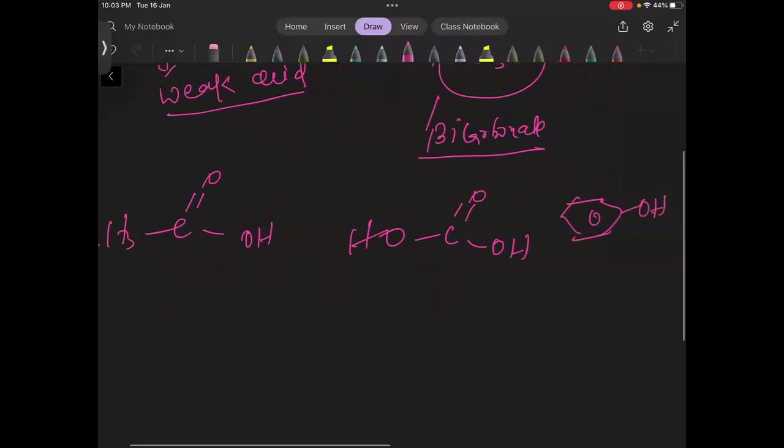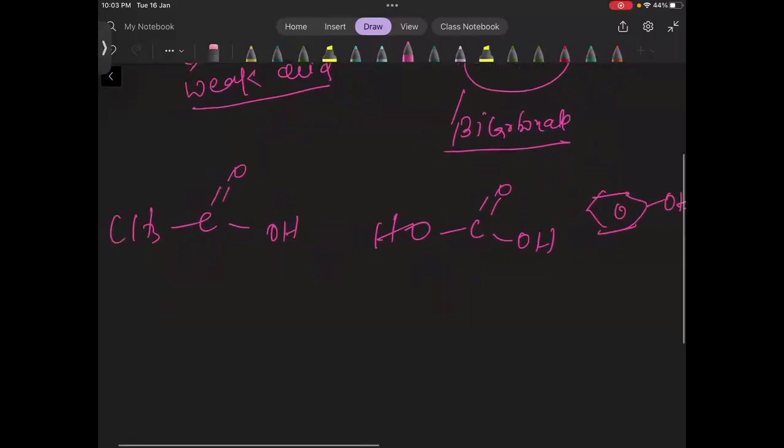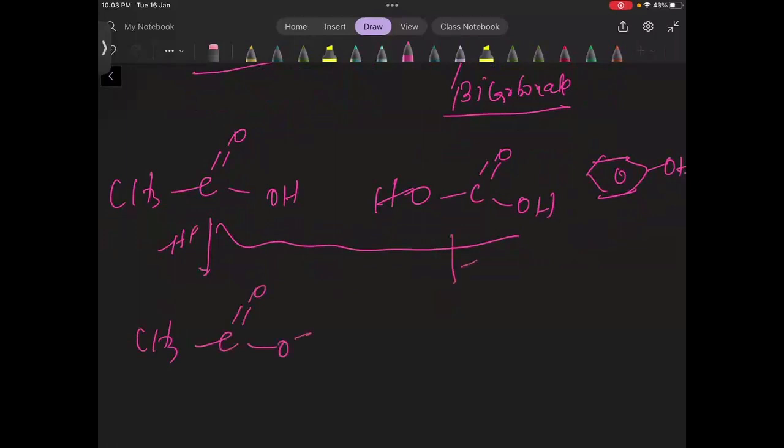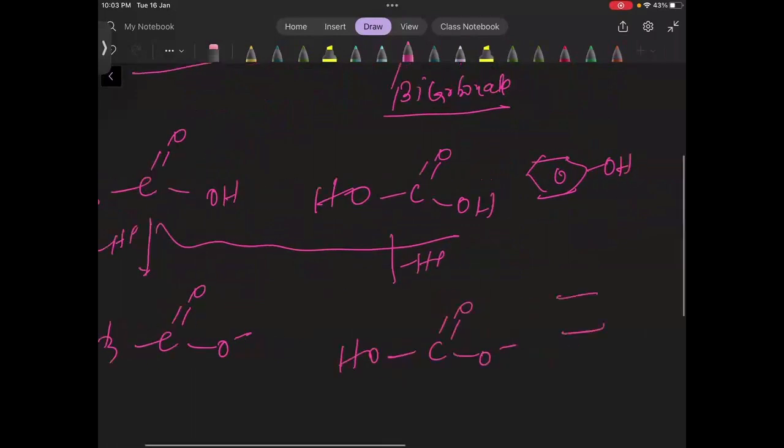See here, students, in both compounds there is equivalent resonance, correct? Because if one H is removed, it forms CH3 C double bond O negative. Here also, if one H is released, it forms HO C double bond O negative. And if one H is removed from phenol, it forms O negative.